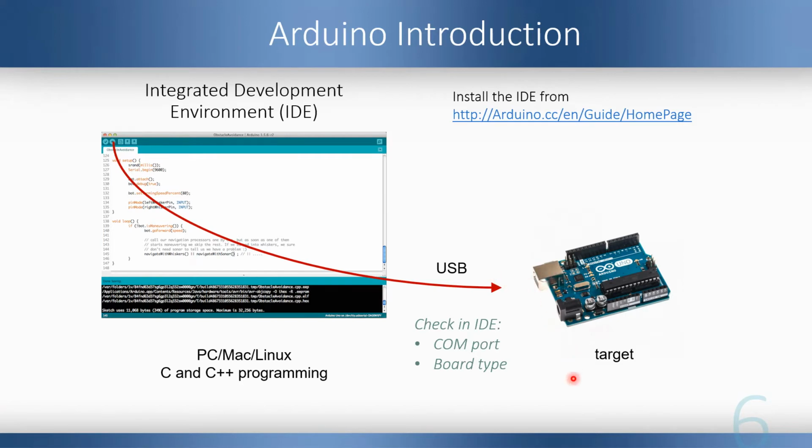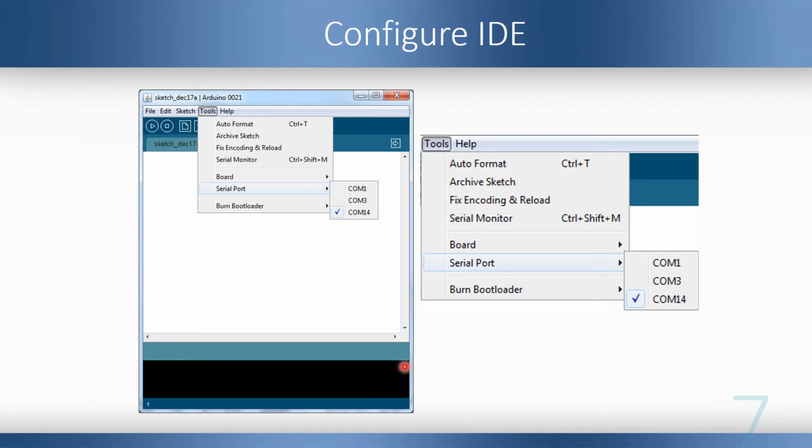And you will also have to specify which serial port is your Arduino connected to. So when you need to upload your code, you have to configure the tool from Tools, Serial Port, and then choose the COM port that is corresponding to your Arduino.